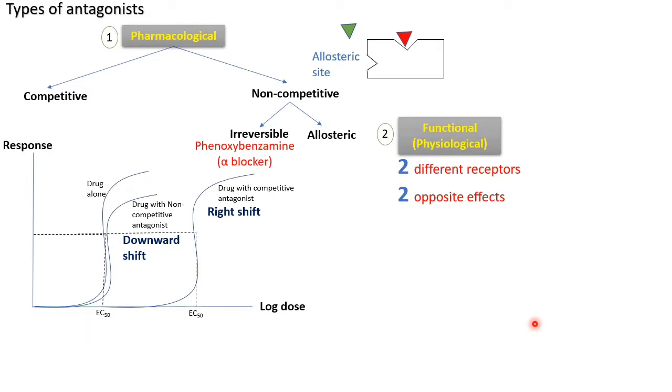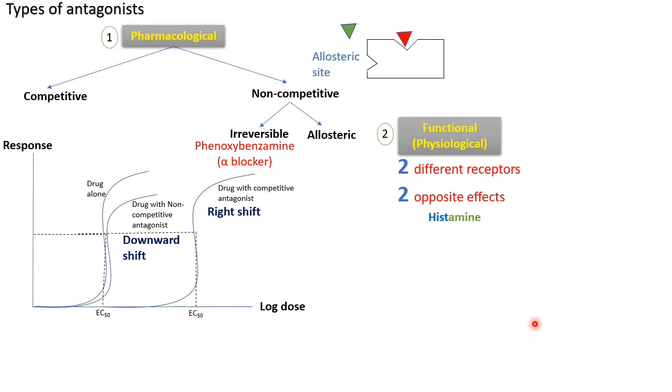Okay? And a classical example of this type of antagonism, which is called a functional or physiological antagonism, is the antagonism between histamine and adrenaline. Histamine is an inflammatory mediator that is released during or after allergy. If there is allergy, there is histamine.